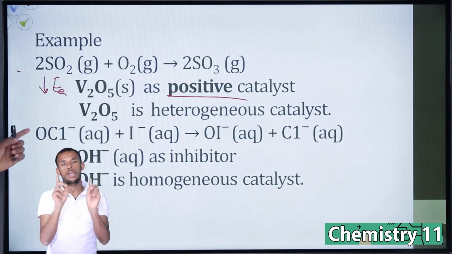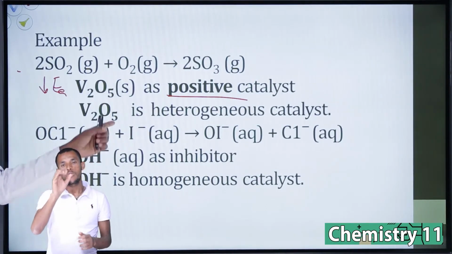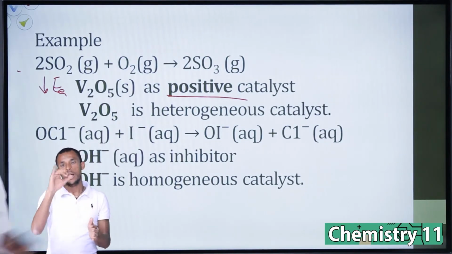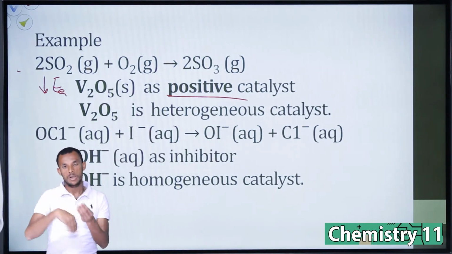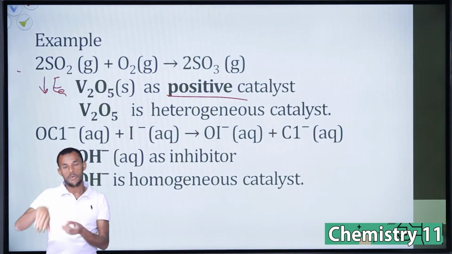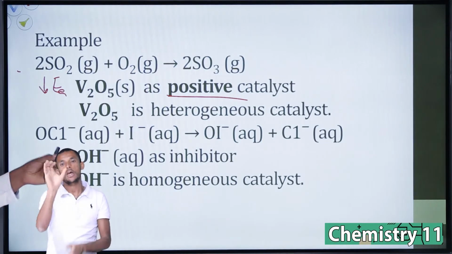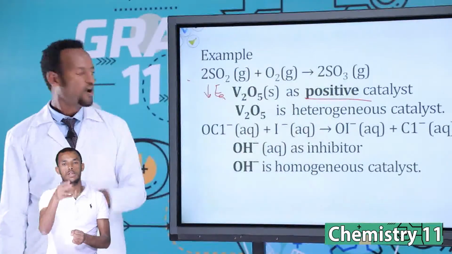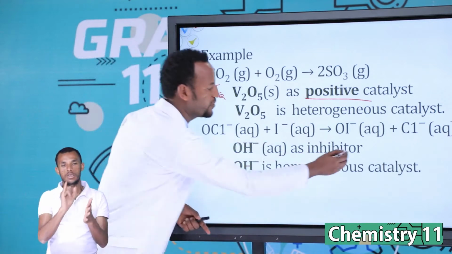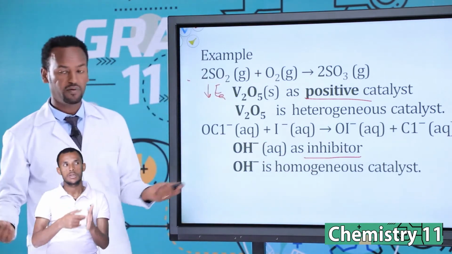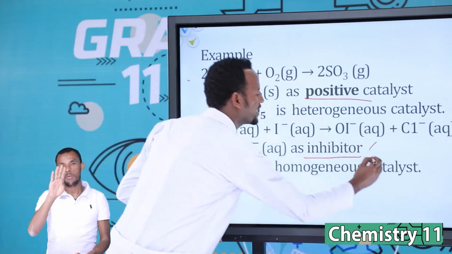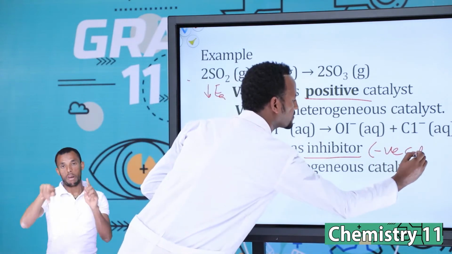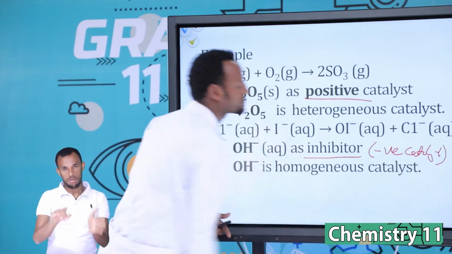Another example: OCl minus aqueous plus I minus aqueous gives OI minus aqueous plus Cl minus aqueous. In this case, the catalyst used is OH minus. OH minus is an inhibitor. Do you know what I mean by inhibitor? Inhibitor means negative catalyst.